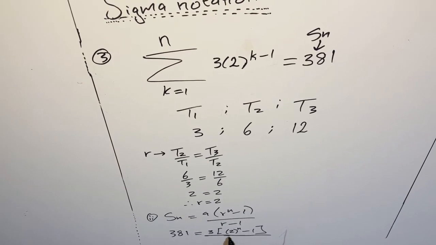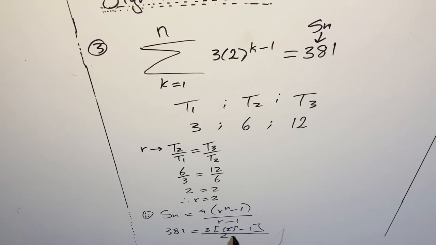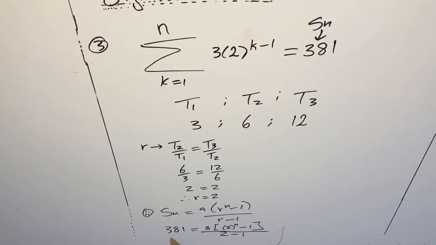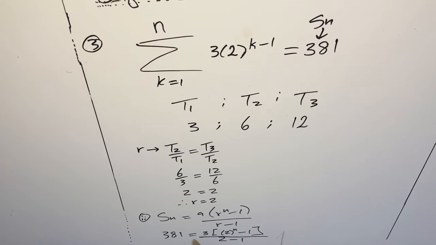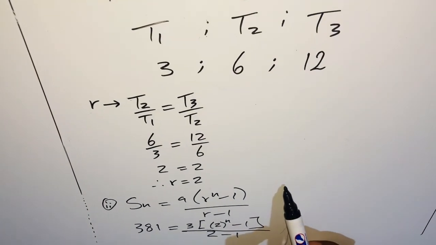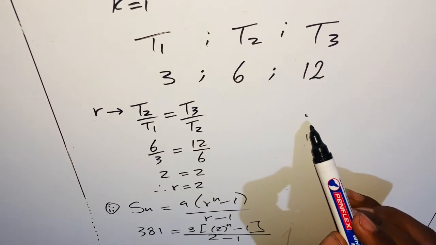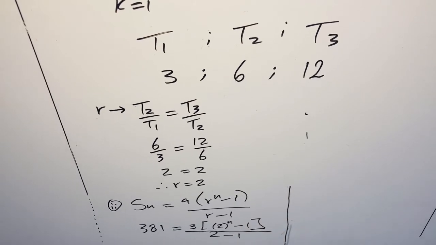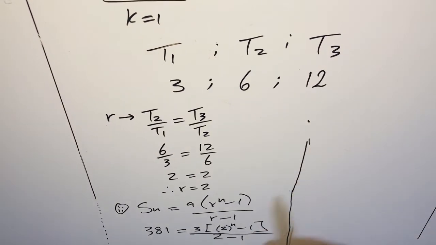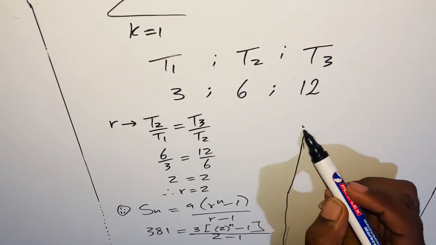Then my R is a 2 minus a 1. You'll then have to use your algebra to solve. Let's just draw a dividing line here. Okay, let's just use this part because we won't need that much space. We are continuing to solve this n. I have a 381.